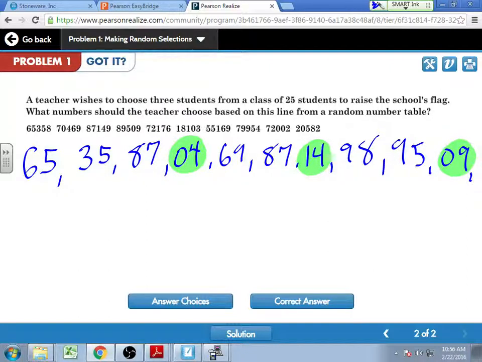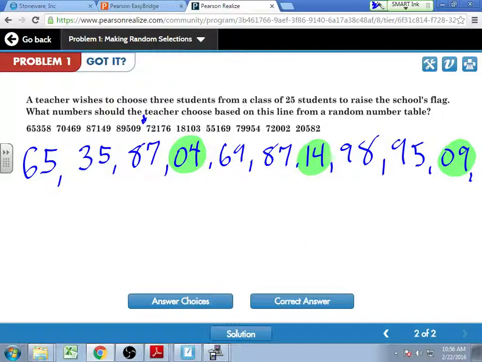This keeps going. After the 09, I get to 87, 14, 98, 95, 0. I only made it to here, but I found my first 3, so I don't need to keep going. I could keep going, but I already found the first three students. So it'll be the 4th student in the list, the 14th student in the list, and the 9th student in the list. Oh, okay.